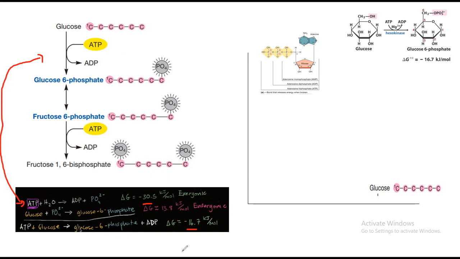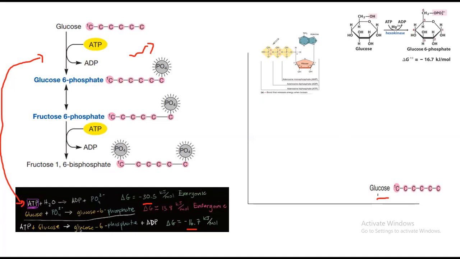So minus 16.7 kilojoules of energy is used by adding phosphate to the glucose, and half of the energy is dissipated as heat. Now I'm telling you that ATP is in a high phosphate transfer potential state, and glucose is in a lower phosphate transfer potential.